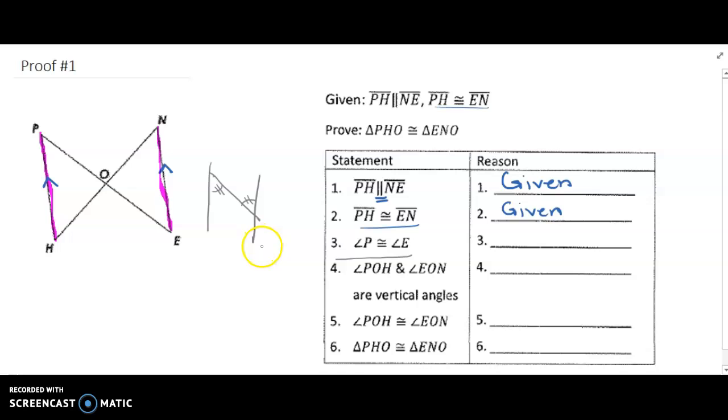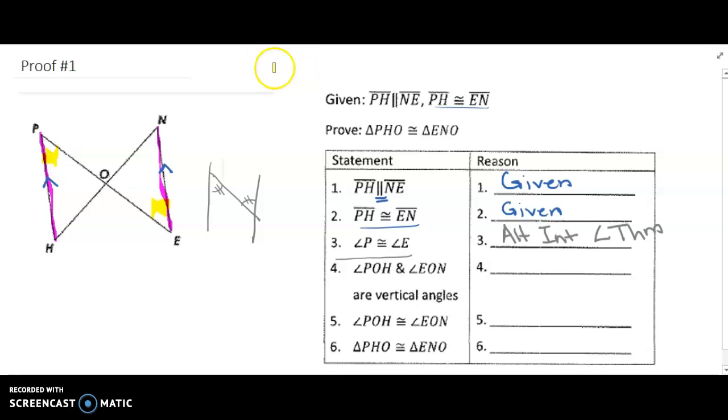And alternate interior angles are congruent when the lines are parallel? Well, it tells us that the lines are parallel, guys. So I can write this as by the alternate interior angle theorem. Okay, and I know they're congruent, so I'm going to say whoop and whoop, just like that.